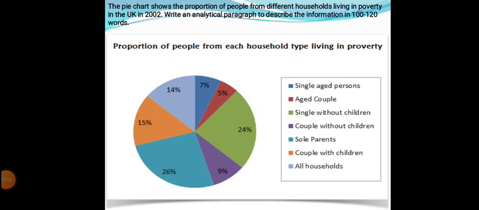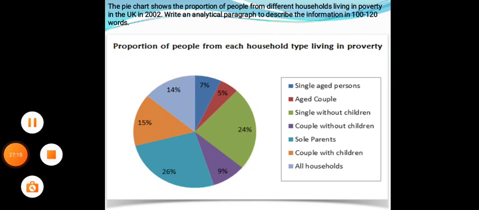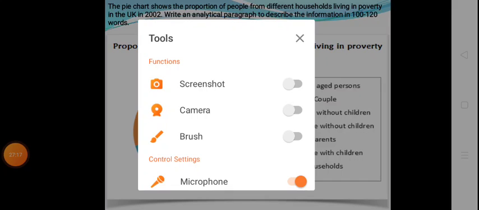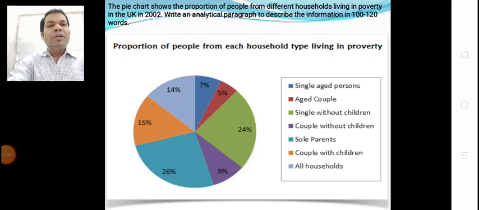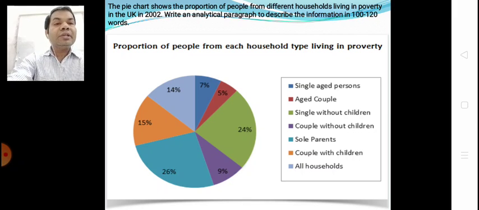The pie chart, you can take the screenshot. The pie chart shows the proportion of people from different households living in poverty in the UK in 2002. Write an analytical paragraph to describe the information in 100 to 120 words. Proportion of people from each household type living in poverty.